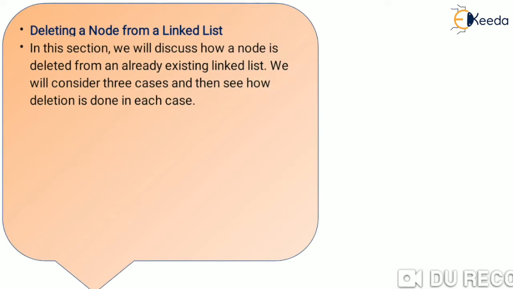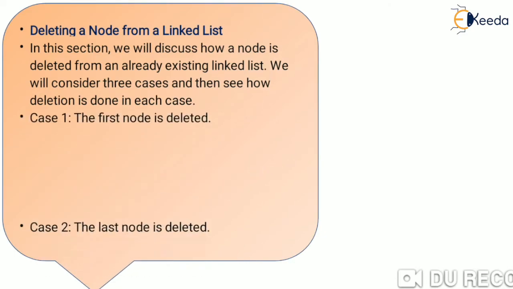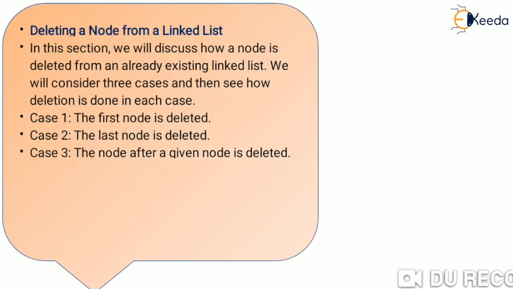In this section we will discuss how a node is deleted from an already existing linked list. We will consider three cases and see how deletion is done in each case. Case 1, case 2 and case 3.